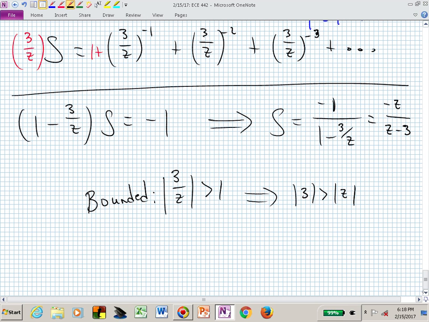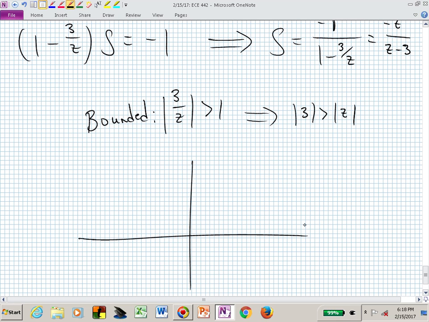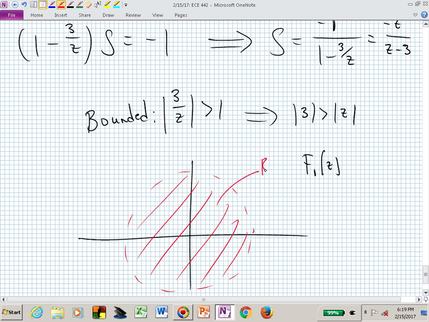So that to picture, for F sub 1 of z now has that for my region of convergence, and where is my pole? My pole can't be contained within the region of convergence.